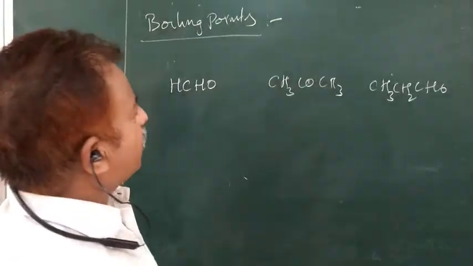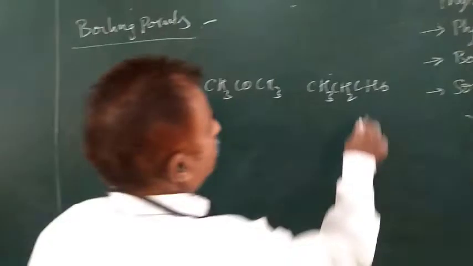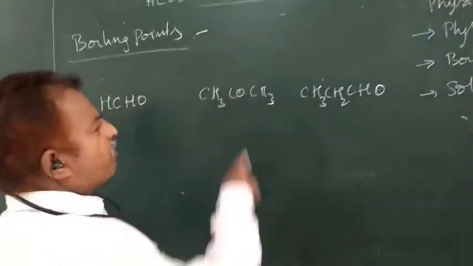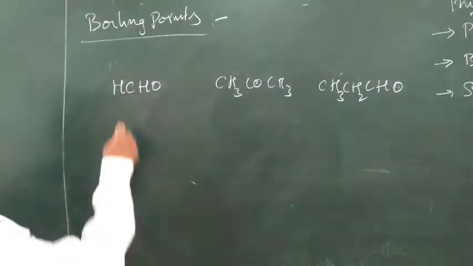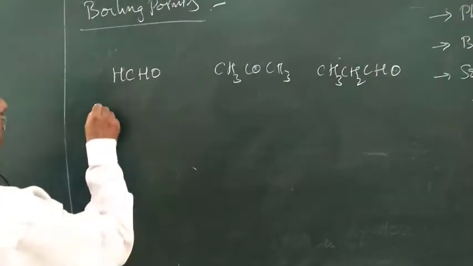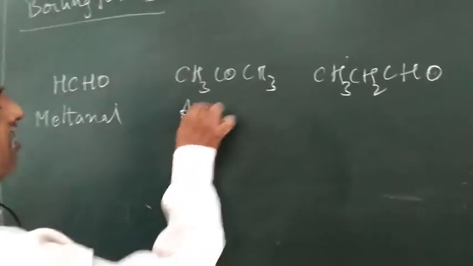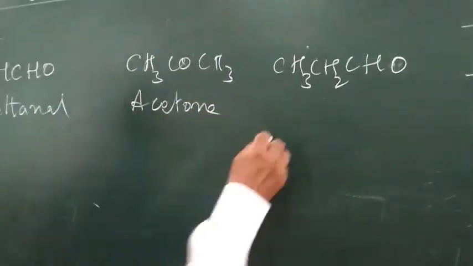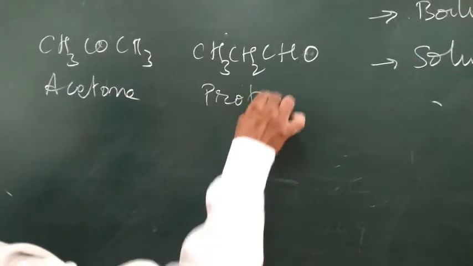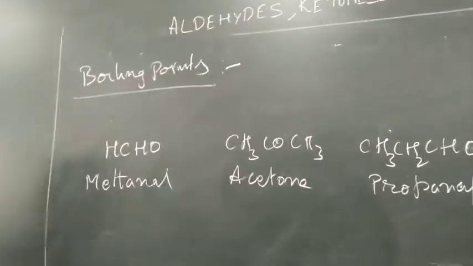Let us see the boiling points of aldehydes and ketones, that is, isomeric aldehydes and ketones. This is methanal, this is acetone, and this is propanal. Acetone is a ketone. And what are the molecular masses?